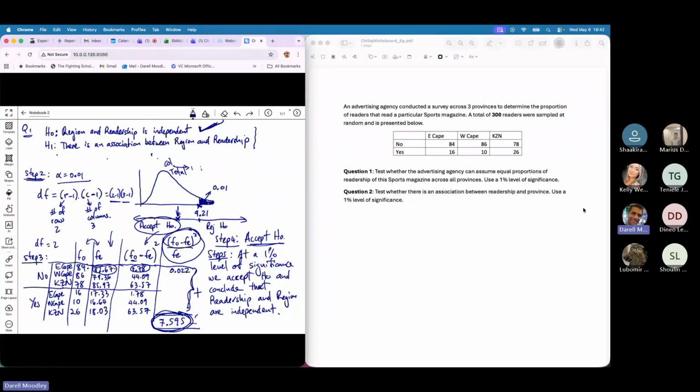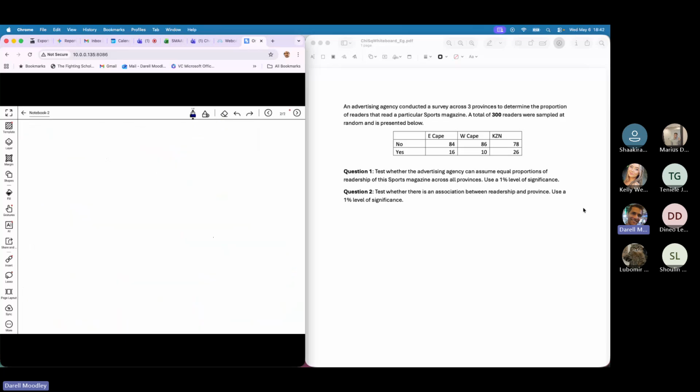So they're the same tests, okay? So your takeaway here, I'm just going to go to a new page. For the chi-square test, there are 3 tests that you can get asked. There's the test of equal proportions.